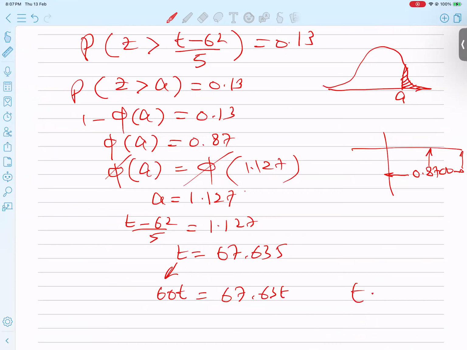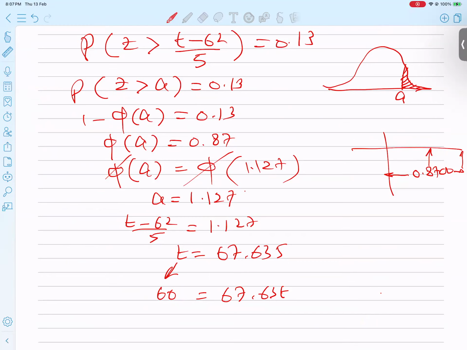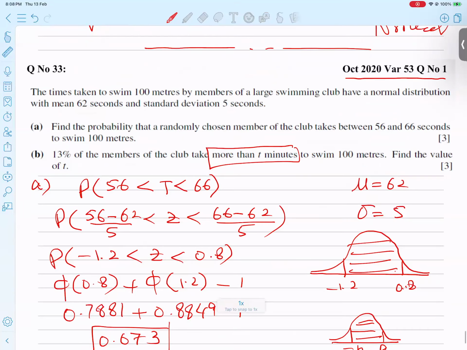So when I find the time, I write here capital T, better to write a capital T or any other variable. So capital T turns out to be 1.13. Let me recheck once again. He is asking in minutes. Actually we have seconds, and you know very well that whenever seconds are converted to minutes, we divide by 60.